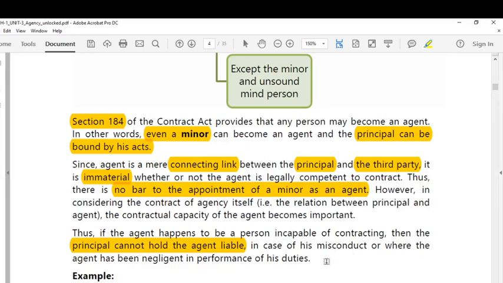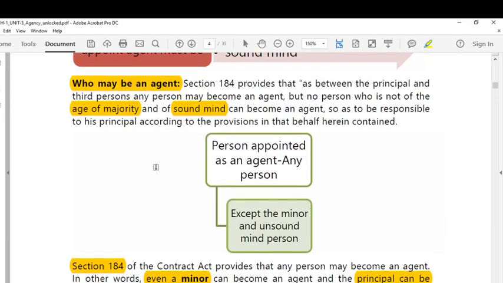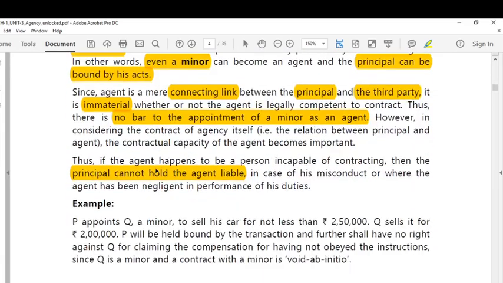In all such cases, the principal cannot hold the agent liable. Right? This is all about the two facets of appointment of an agent by the principal.